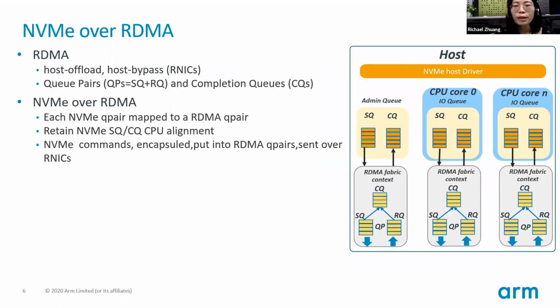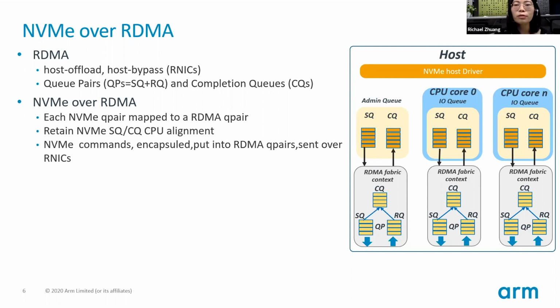For RDMA transport, RDMA is a host offload, host bypass technology that allows an application, including a storage application, to make data transfers directly to or from another application's memory space. And it requires special NICs, RDMA-capable NICs, to manage reliable connections between the source and the destination.